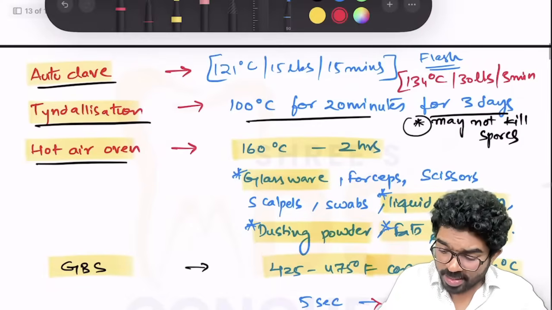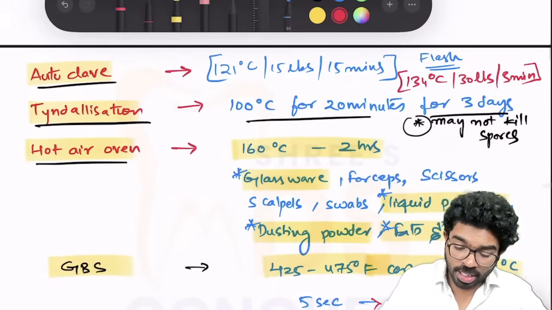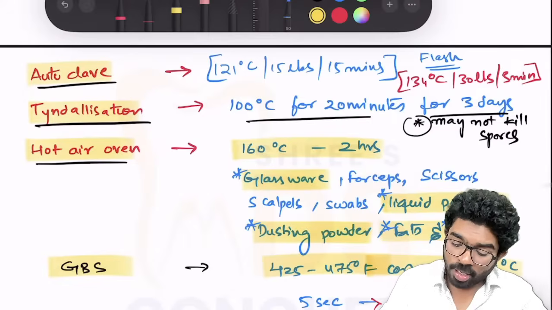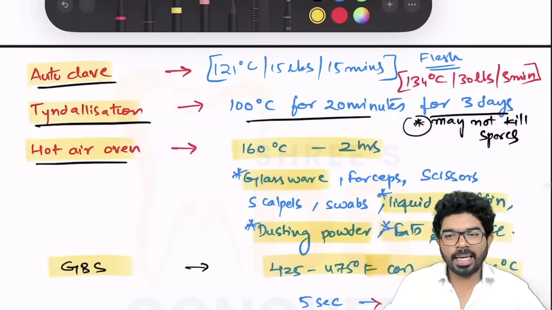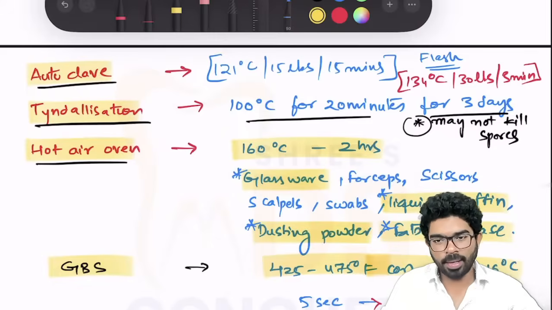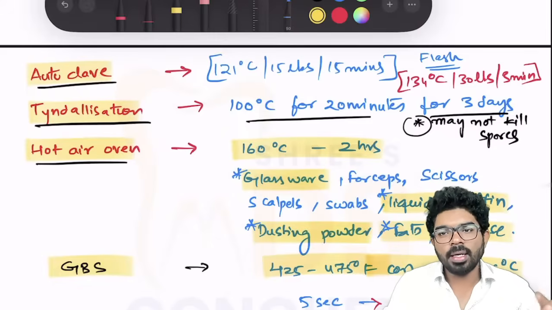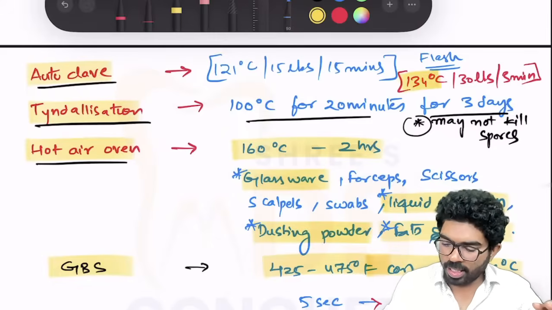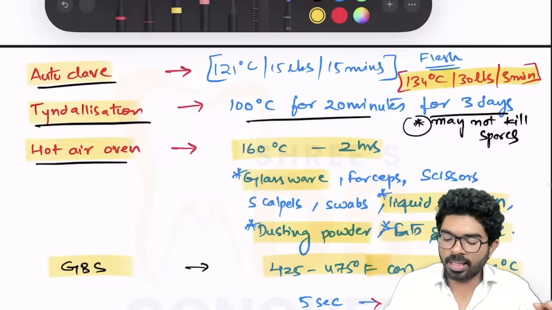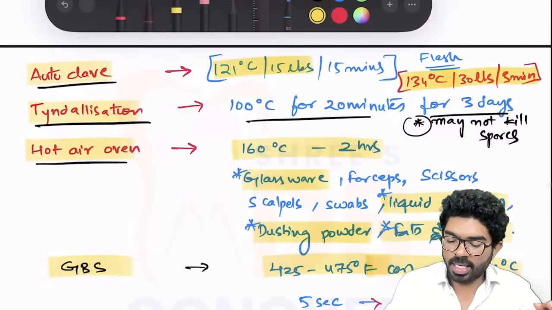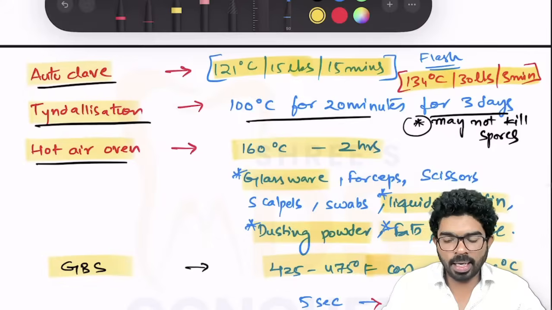Wrapping-wise, for flash sterilization I don't regularly wrap the instruments. So flash sterilization is 134 degrees centigrade, 30 lbs and 3 minutes, whereas normal sterilization is 121 degrees centigrade, 15 lbs and 15 minutes.